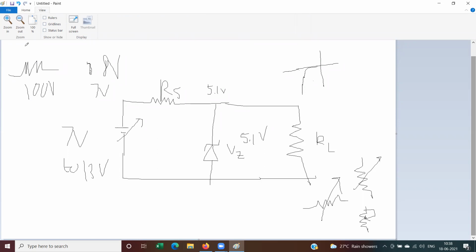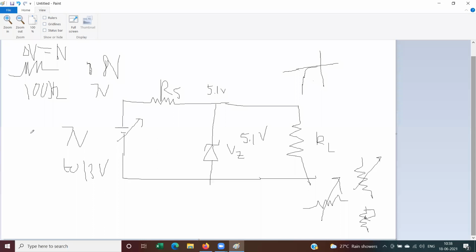What is the current? 1 by 100, so that is 10 milliamps.